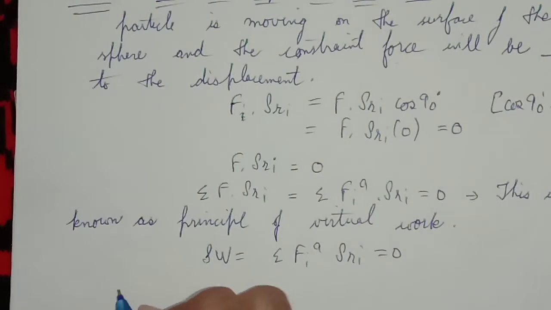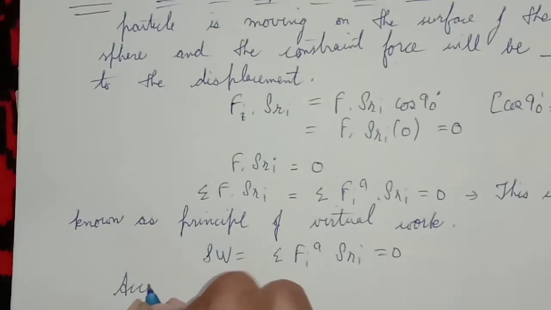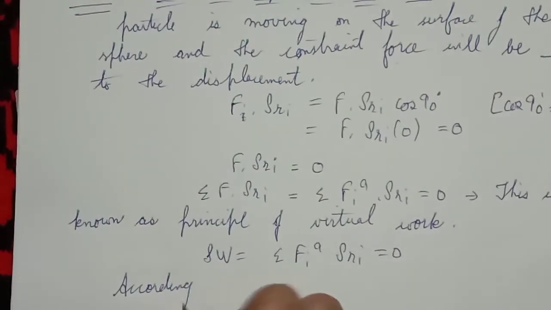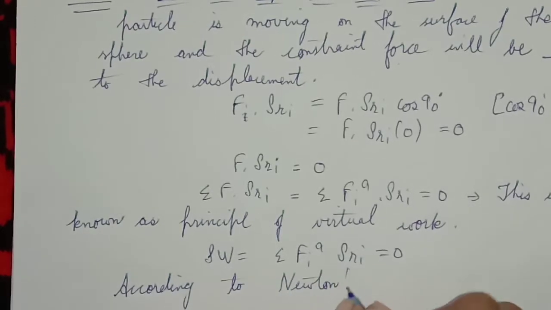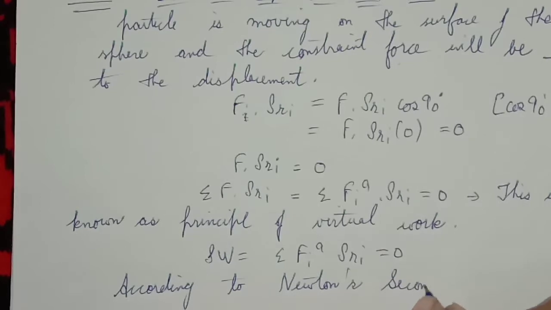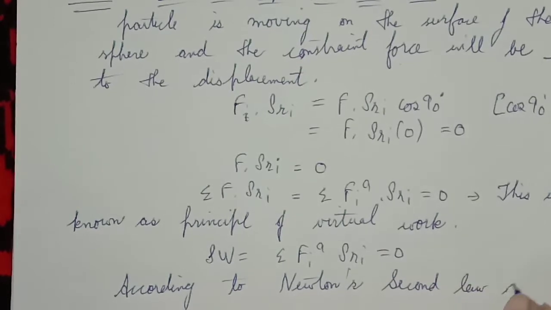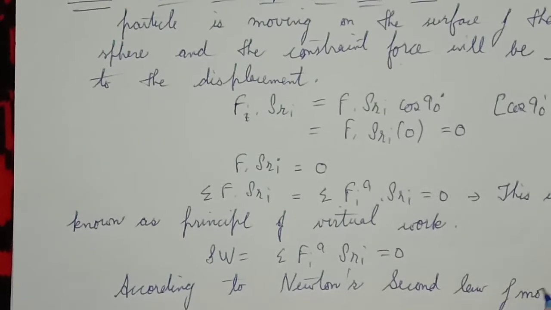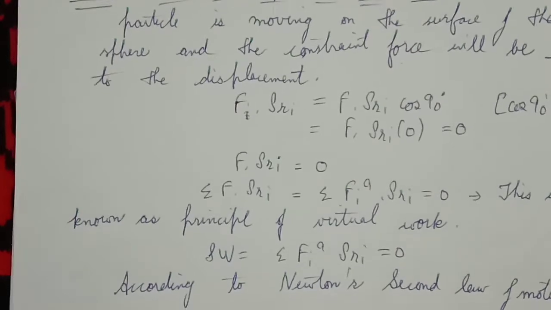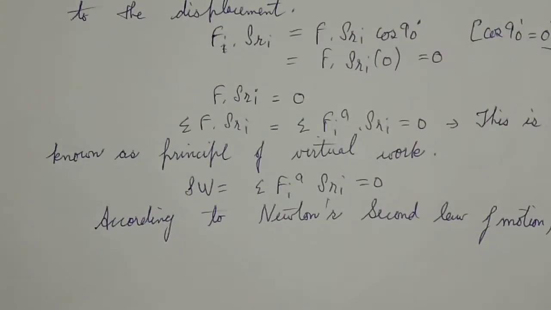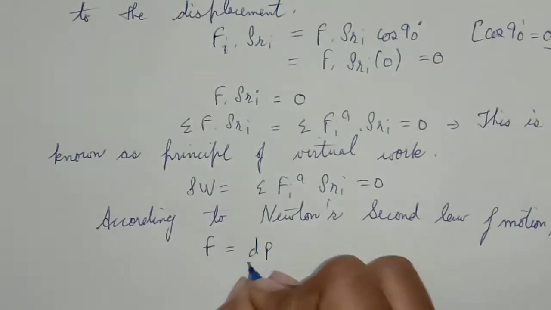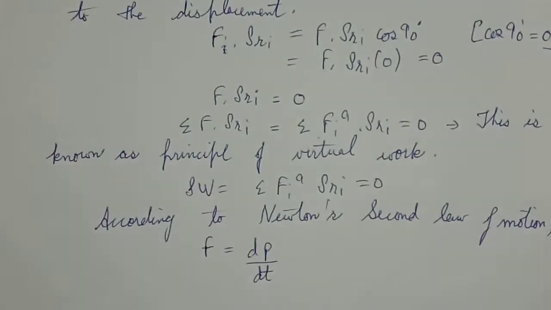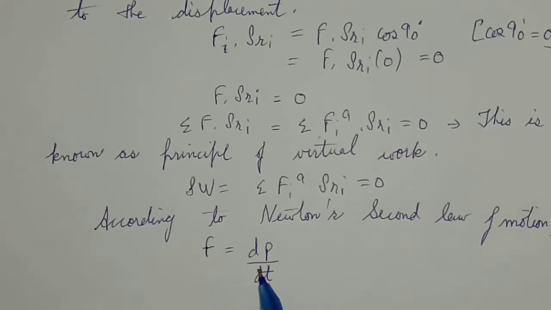Now, according to Newton's second law of motion, force is the change of momentum with respect to time, so we can write F equals dp upon dt.